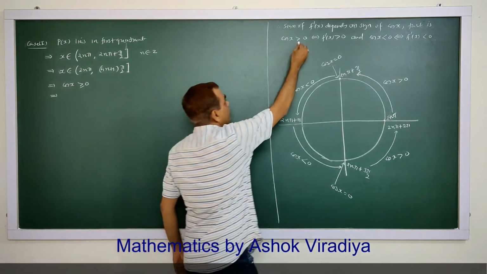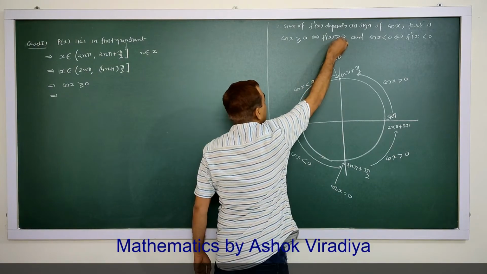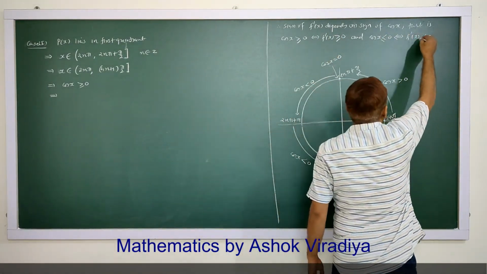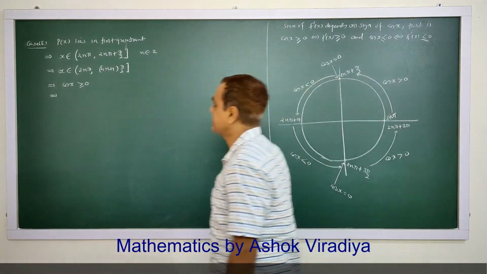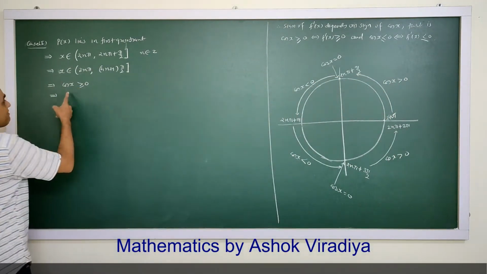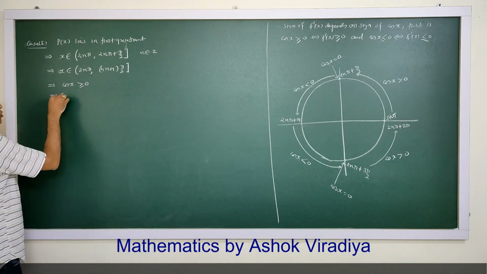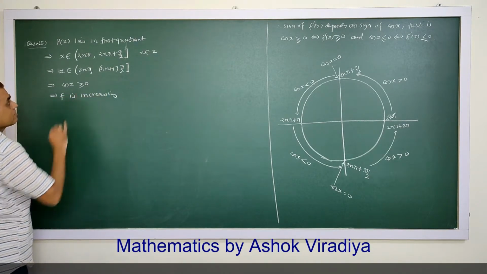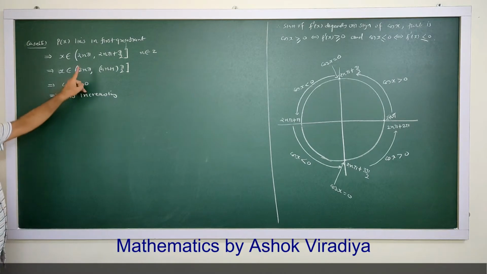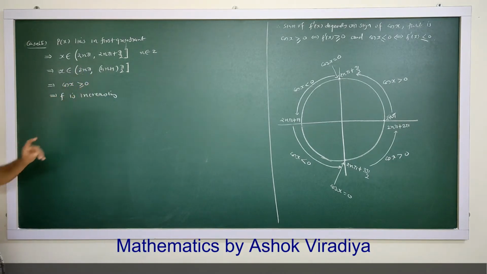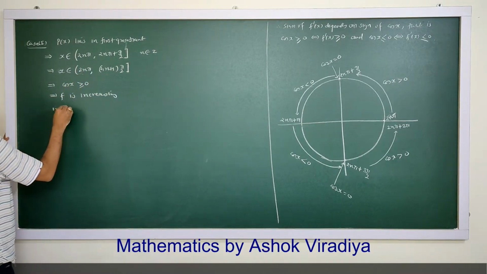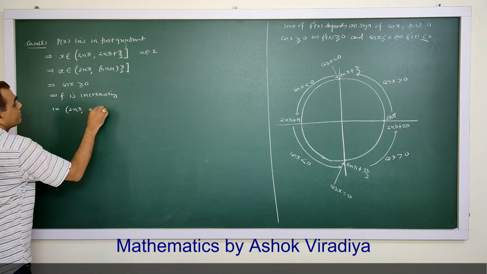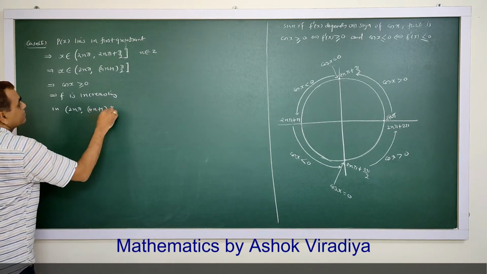When cos x is more than or equal to 0, f dash x is more than or equal to 0, so the function is increasing in this interval. So the function is increasing in 2n pi comma 4n plus 1 times pi by 2.